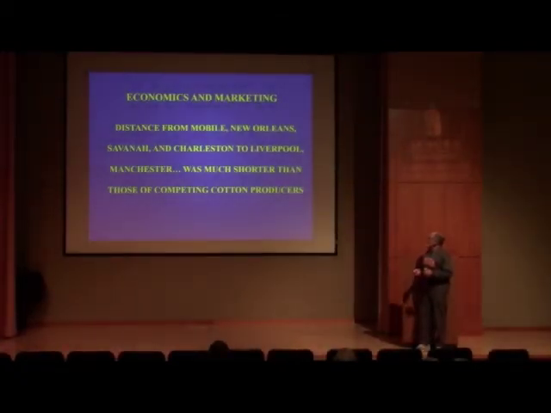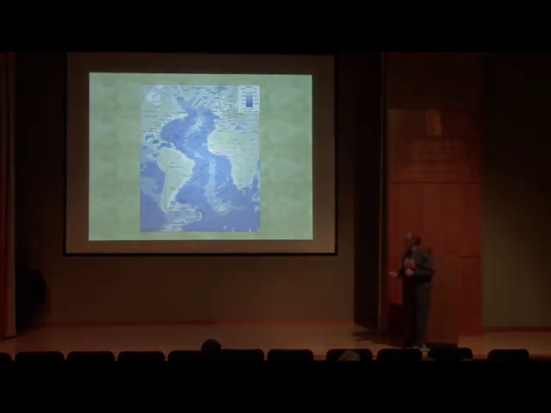The distance from Mobile, Savannah, and so forth, Charleston, to Liverpool, Manchester, the heart of the English textile industry, was much shorter than anywhere else. The English could get it from Turkey, and you had to go this way and up this way, or you can go down to Pernambuco in Brazil and go up here, and you can see the distance.